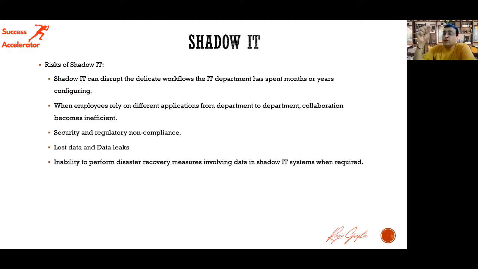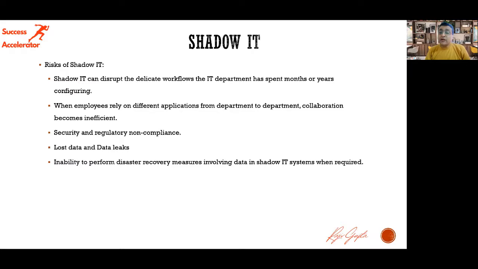And they may have put in the incremental controls at each next step. Now, if I plug in a new software, a new app in between, without making it part of the overall design, then whatever design IT department had created earlier, I have somehow overridden it. And hence some of the controls, some of the processes may not work. So that's a risk to the organization as well as to the efficiency.